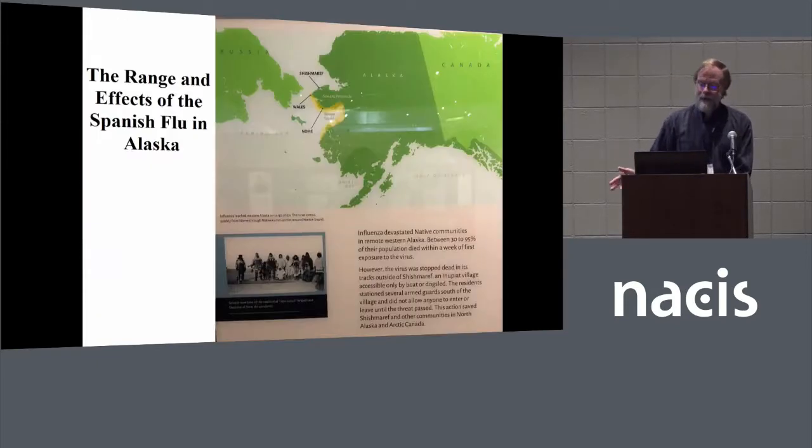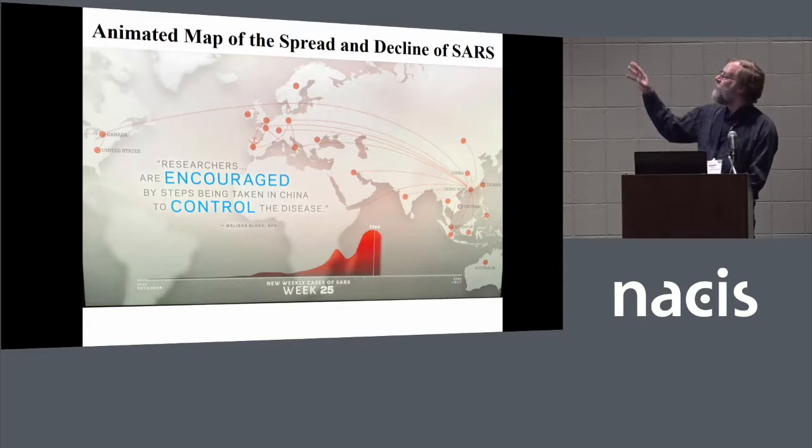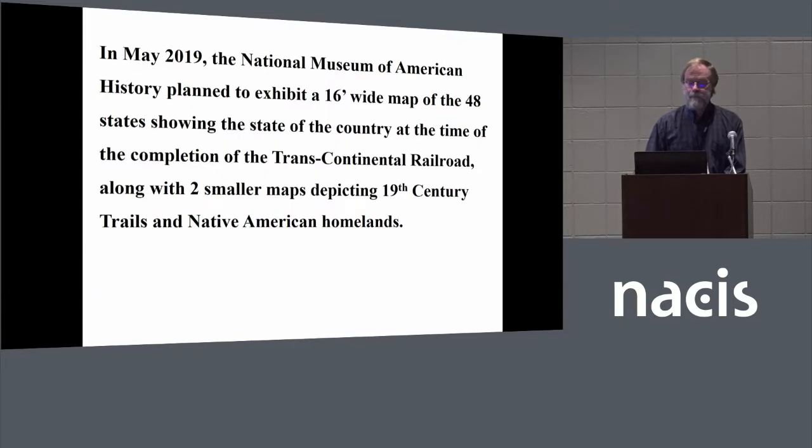But we also have a couple static maps, because this opened in conjunction with the 100th anniversary of the Spanish flu, and we had this one static map dealing with the effects of the Spanish flu in Alaska. We also have an animated map showing the rise and fall of SARS and how easily it spread around the world, and given the air travel on our planet, it wasn't surprising that happened. But fortunately, with vaccines that were developed, it came to an end pretty quickly.